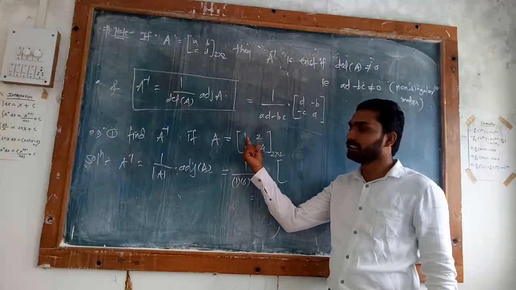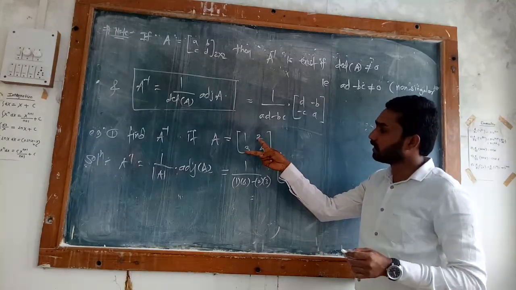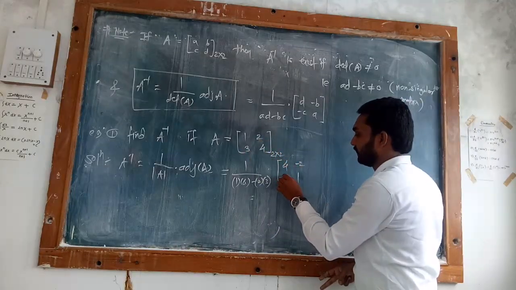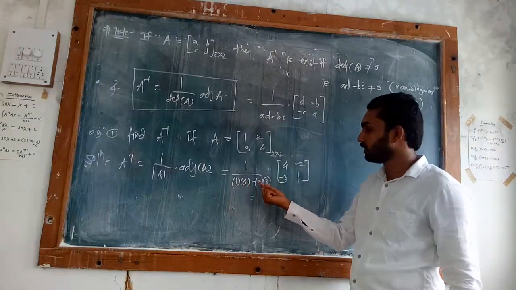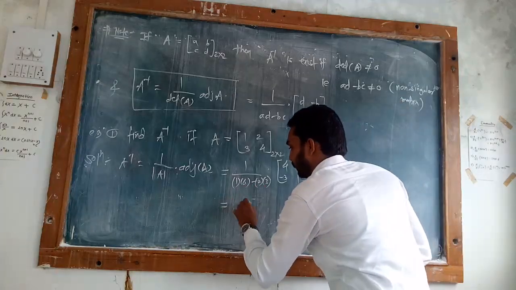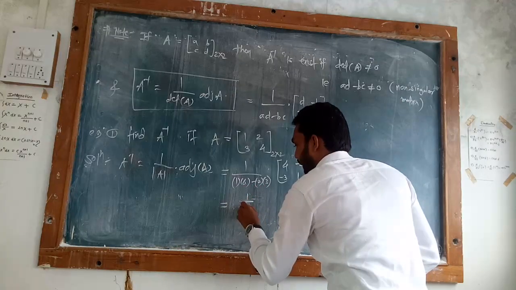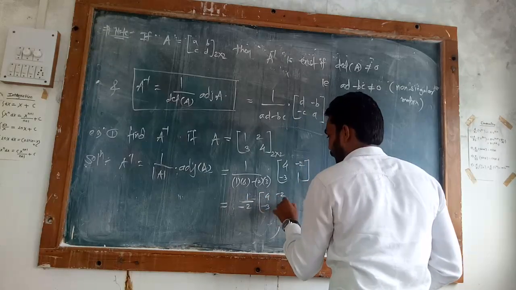The adjoint: interchange the diagonal entries, that is 4, 1, and multiply the non-diagonal entries by minus 1, that is minus 2 and minus 3. 1 into 4 is 4, 2 into 3 is 6, 4 minus 6 is minus 2. So 1 upon minus 2 into [4 minus 2; minus 3 1].